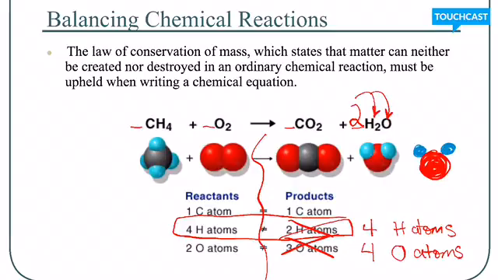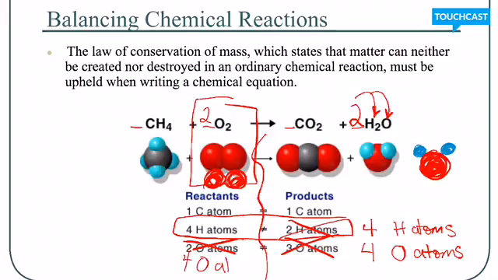Now, look over on the left. Here is your oxygen right here. How can we increase this so that we have a total of 4 oxygen atoms instead of just 2? I think you guys can see it, right? Place a coefficient of 2 in front of there, and I just doubled the amount of oxygen that I have, which brings me to 4 oxygen atoms.